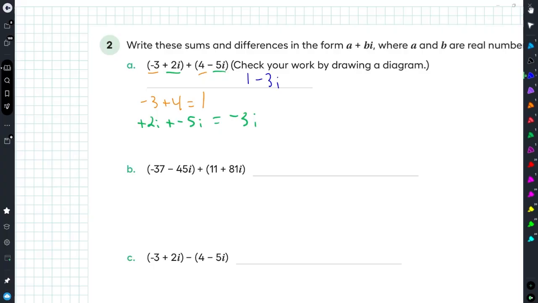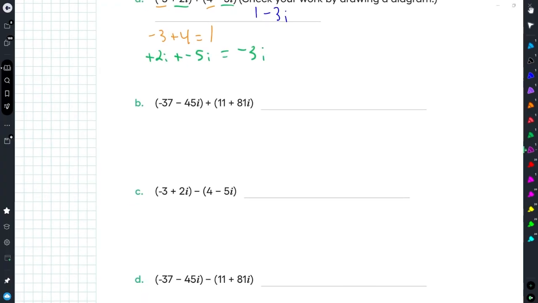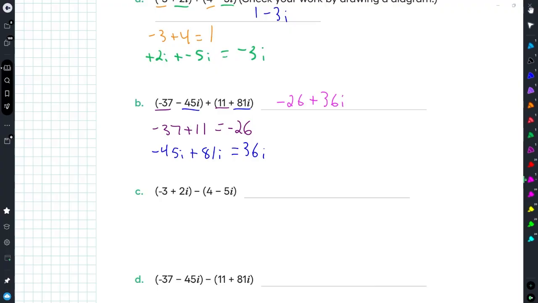All right, letter B, again, adding the real parts together, negative 37 plus 11, that is negative 26. And then negative 45i plus 81i, that is 36i. So this complex number is going to be negative 26 plus 36i.